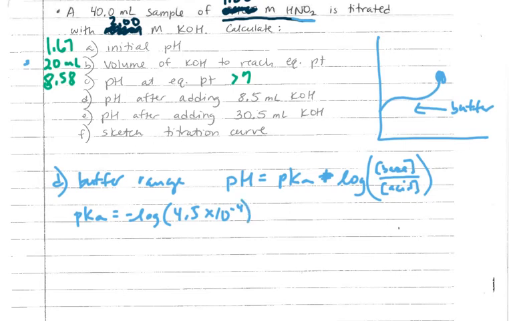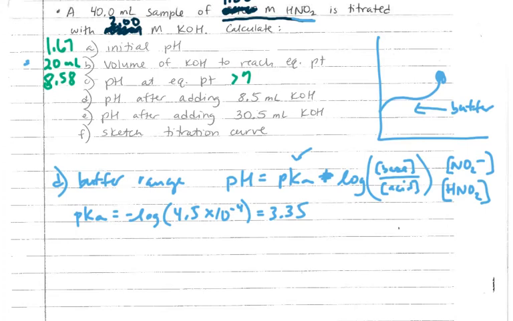So the pKa is 3.35. Cool, so we have that. Now we need to figure out the concentration of the acid and the base, our weak acid and its conjugate base.